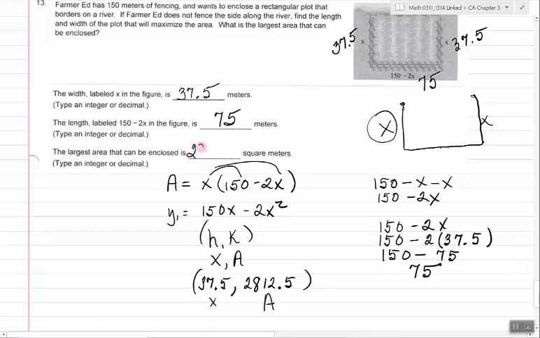It's 2812.5. So the vertex occurs at the maximum, but the coordinates of the maximum are whatever you've chosen for x to be, which in this problem was the width, and whatever the function represents, which is area.